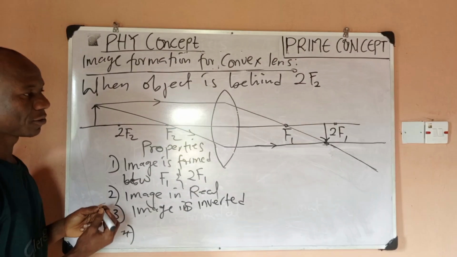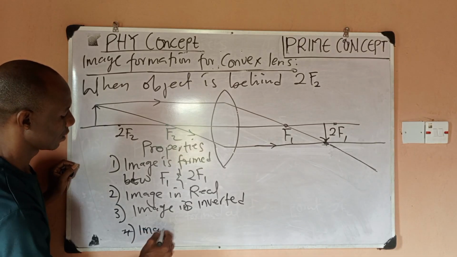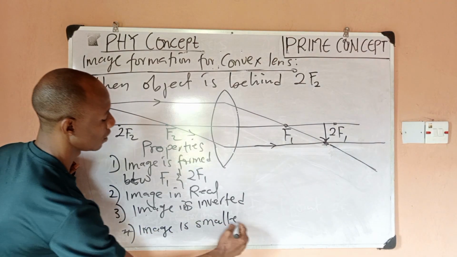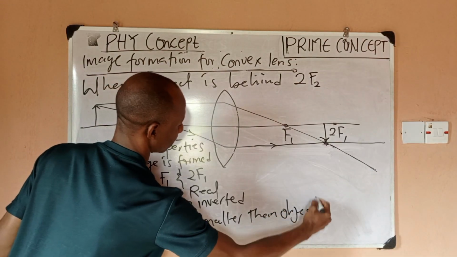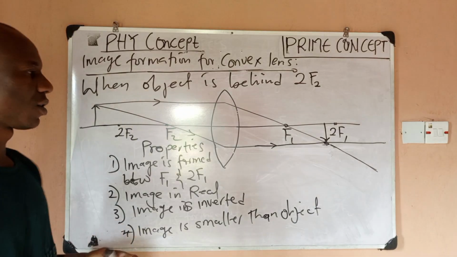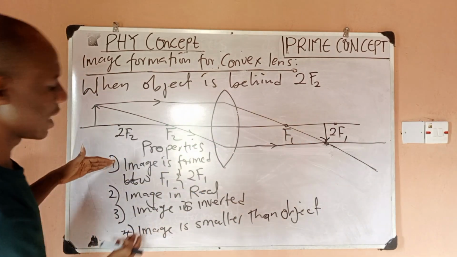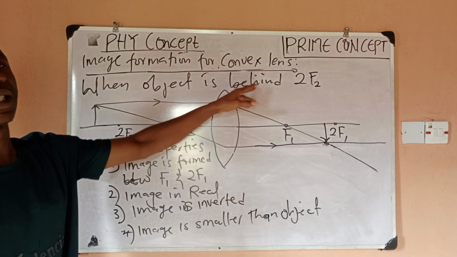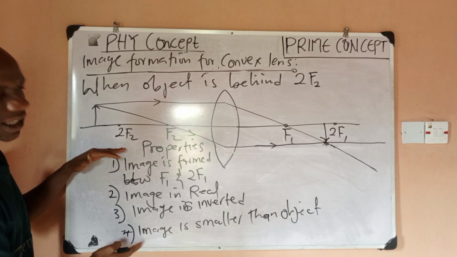And number four, we can see that the image is smaller than the object, or you say the image is diminished. So these are the properties you should know when your object is placed behind 2f. The image would have these properties.